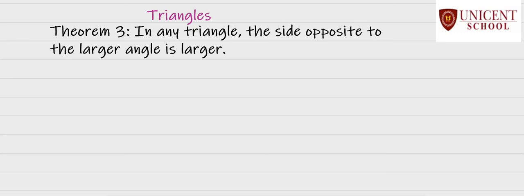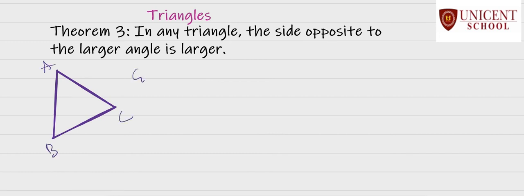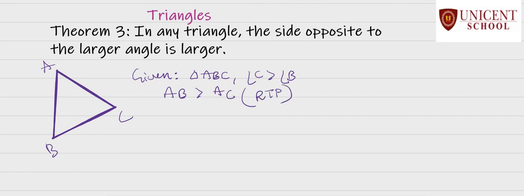So for this, we will take a triangle ABC where angle C is greater than angle B. And what are we supposed to prove here? We need to prove that side AB is greater than AC. This is our RTP.